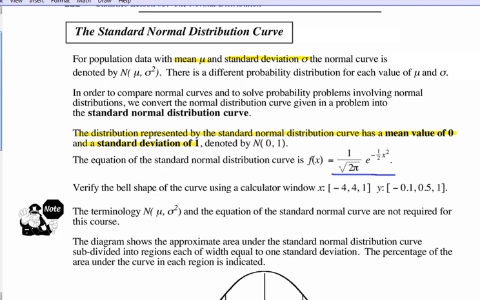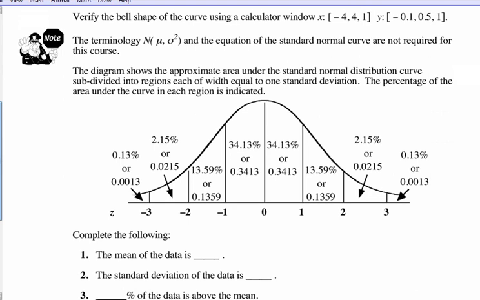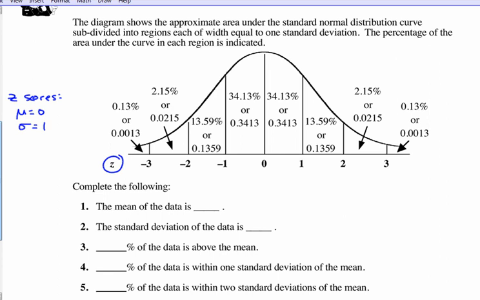Whenever we are working with Z scores, the mean will always be 0 and the standard deviation is 1, because we want the 0 to be the middle. So looking at this data, let's fill in the chart. The mean value of the data is 0 and the standard deviation is positive 1.